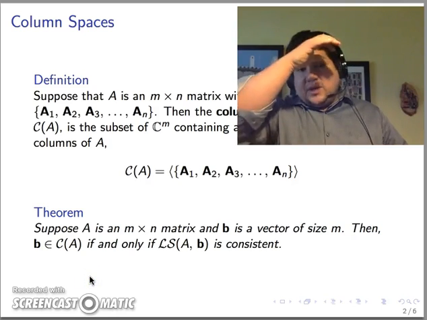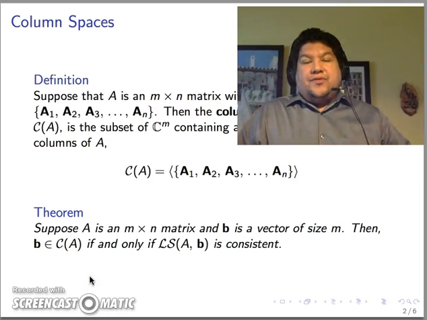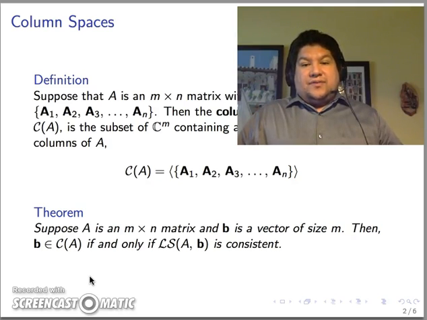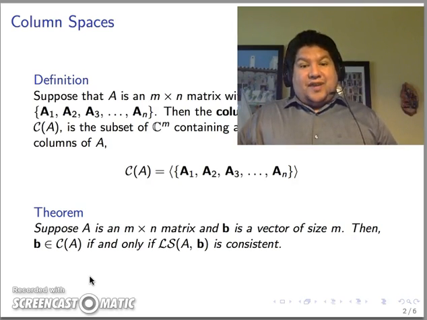So now we have a theorem that tells us that if we have a rectangular matrix A with m rows and n columns and a vector of constants, vector B of size m, then that vector B is a member of the column space of A if and only if the linear system that has A as a coefficient matrix and B as the vector of constants is consistent, right?